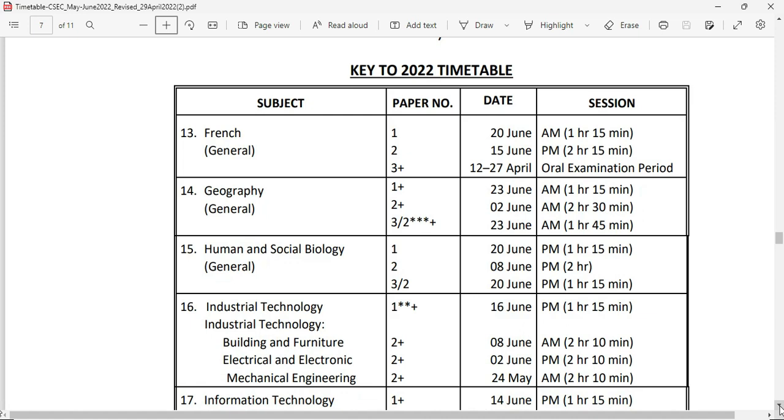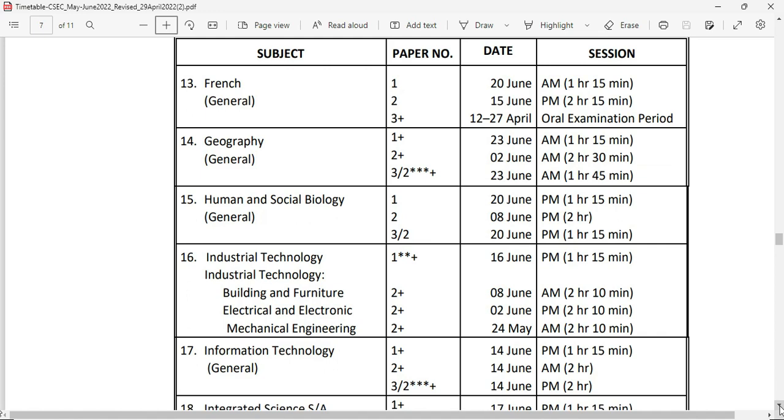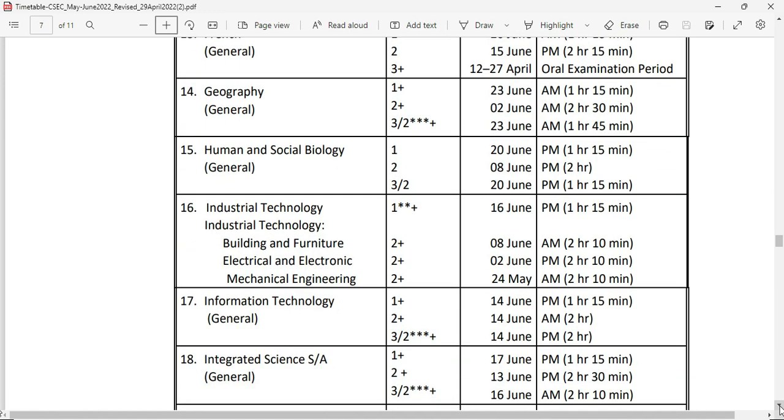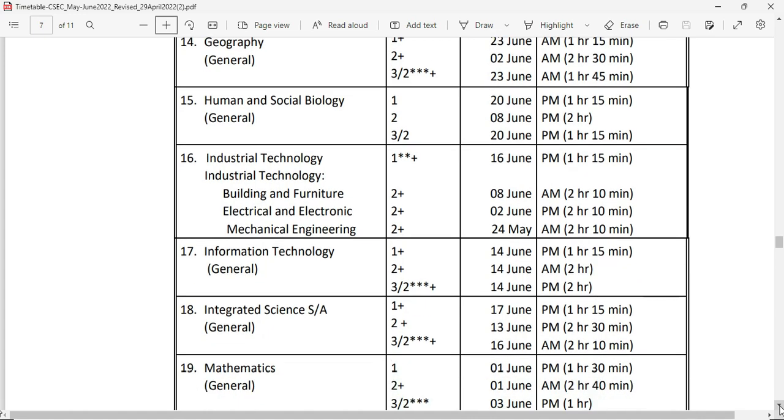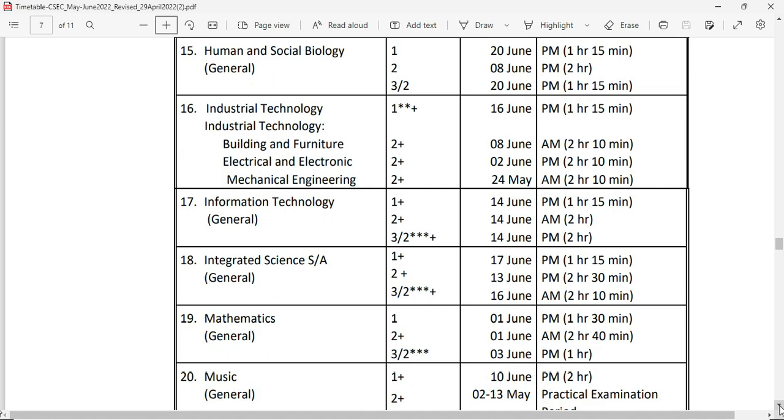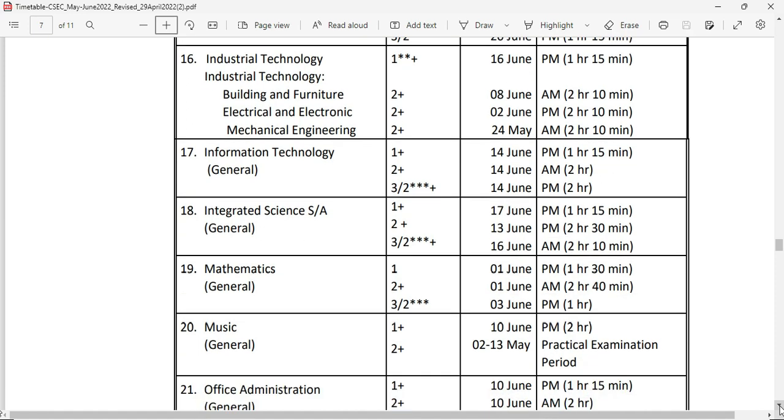French coming up at 13. Geography, 14. Human and social biology, number 15. And then the industrial technology papers, number 16.